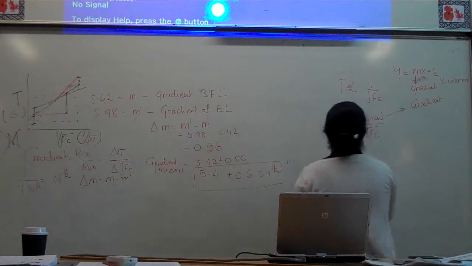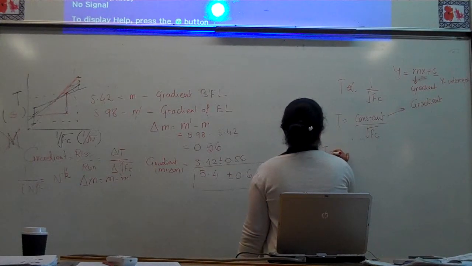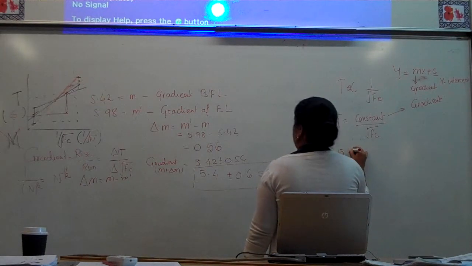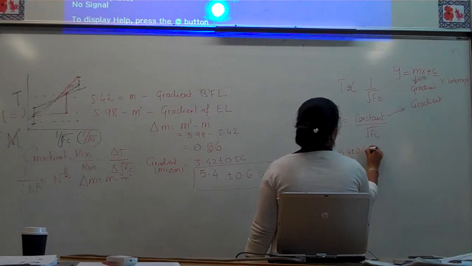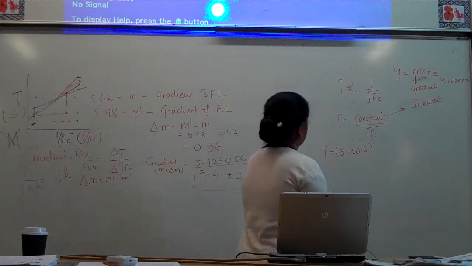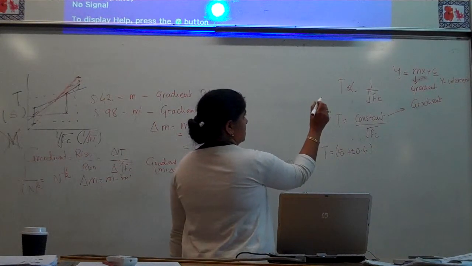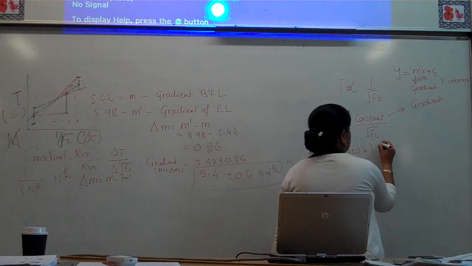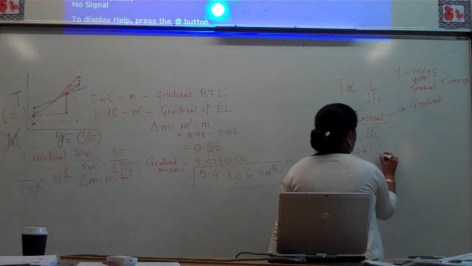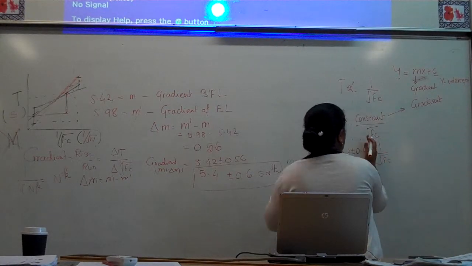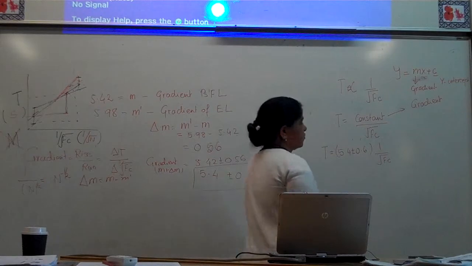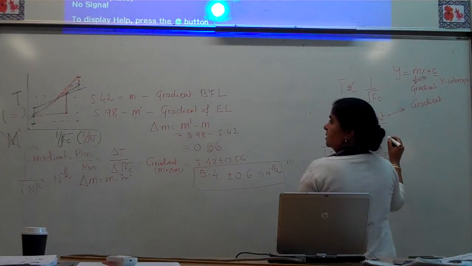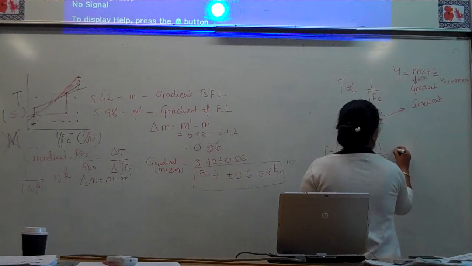So, how do we write this? T equals 5.4 plus and minus 0.6. Make a bracket around it, because the next x value is 1 over square root fc. So 1 over square root fc is multiplied with the whole number, not just with the last one. That's why please put the bracket. Plus, this does have an intercept c.